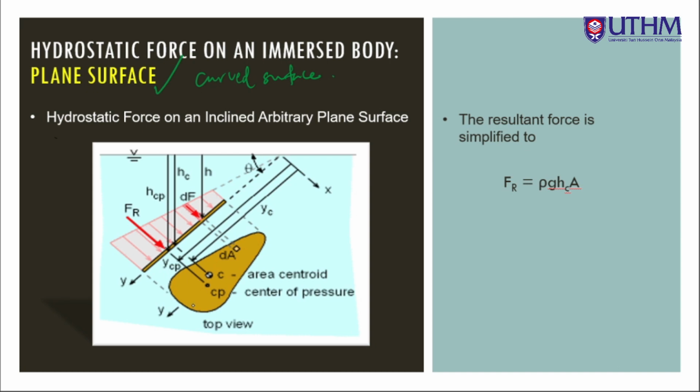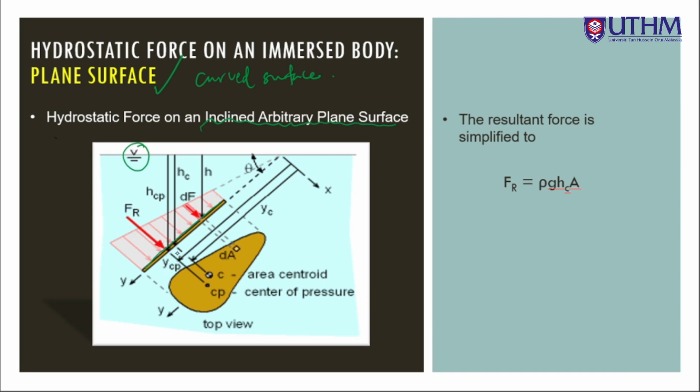So ini adalah contoh lah untuk hydrostatic force on an inclined arbitrary plane surface. So kalau kita tengok dekat sini kan, kita ada one inclined plane surface yang kat tengah ni. Okay, dia submerge dalam air. Yang ni maksud dia surface of water tu lah. Okay, dia submerge, and then we need to calculate forces acting on this inclined plane.